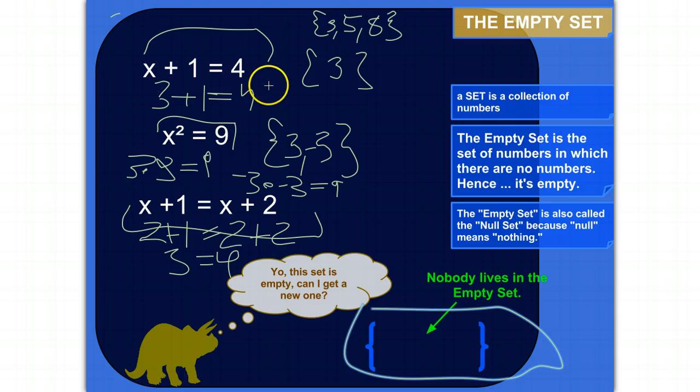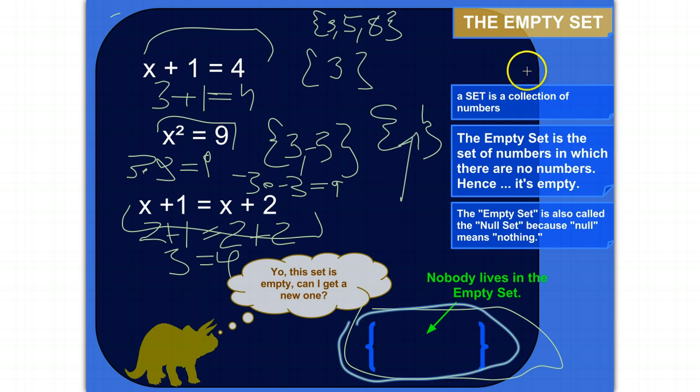If you need to answer with a set and there aren't any numbers, then the answer is the empty set, the set where nobody lives. It's also called the null set. Null means 0 or nothing. You'll hear that too. So, no solution.